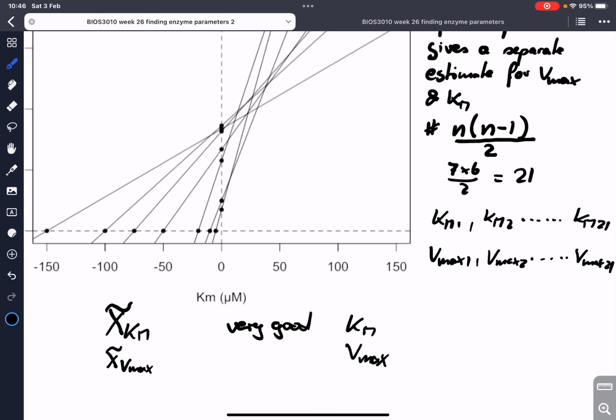So this is why this direct linear plot, or Eisenthal Cornish-Bowden plot, is really a very, very useful tool. And of course, if you've got lots and lots of data points, then you get lots and lots of data, which makes it a little bit awkward. I think that is probably why people don't like it, because you get so many data.